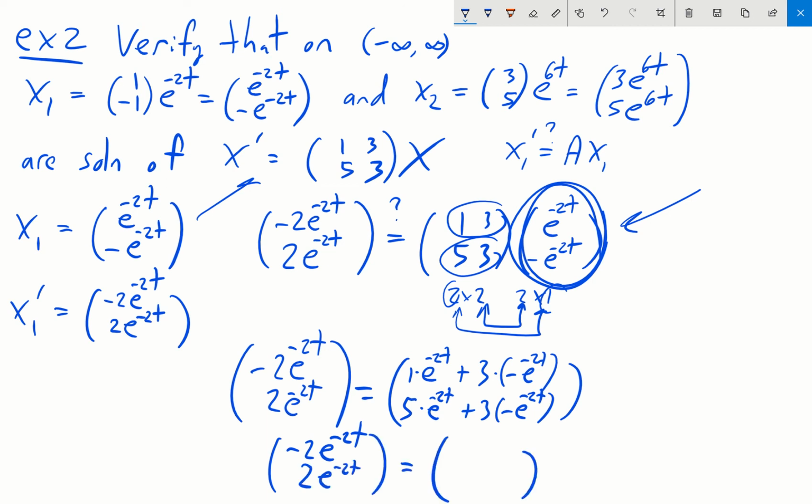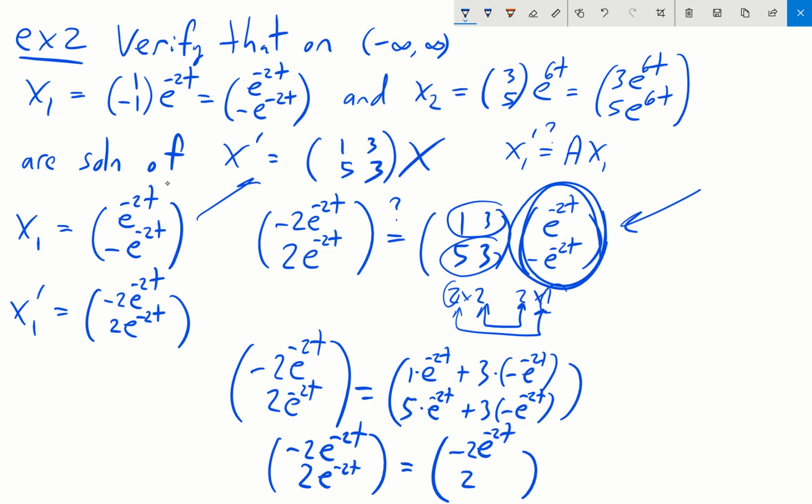And let's tally them all up. We have a positive 1 e to the negative 2t, and a positive, so this would be a negative 3 e to the negative 2t. So altogether that would work out to be a negative 2 e to the negative 2t. And then this is a 5 e to the negative 2t. This would be a minus 3 e to the negative 2t.